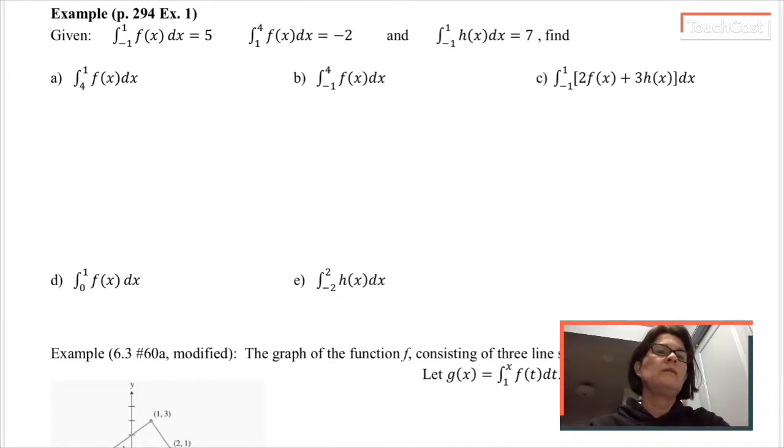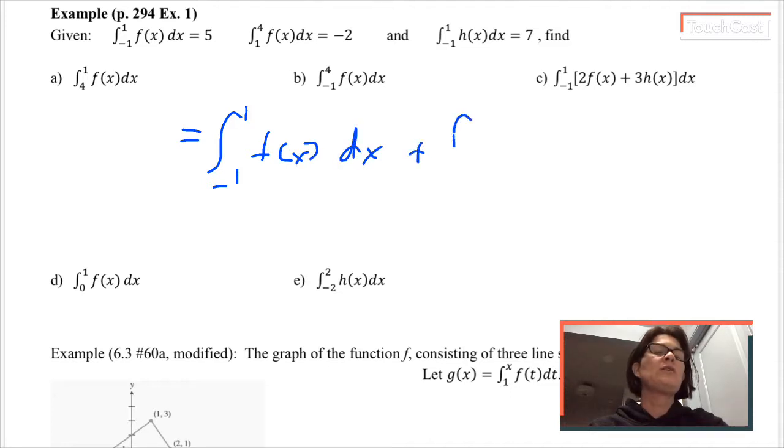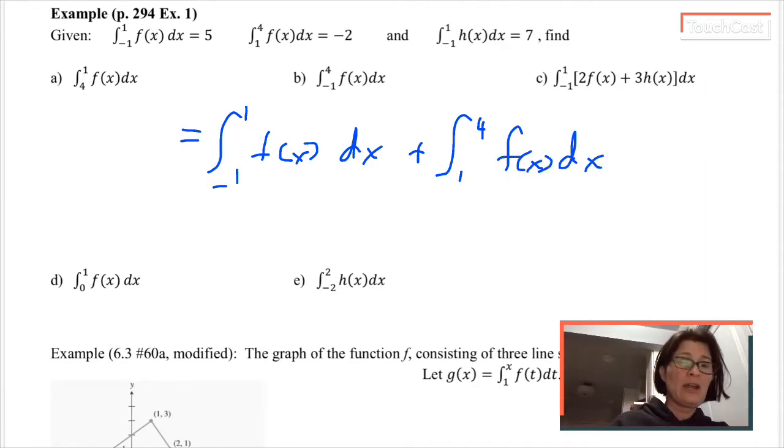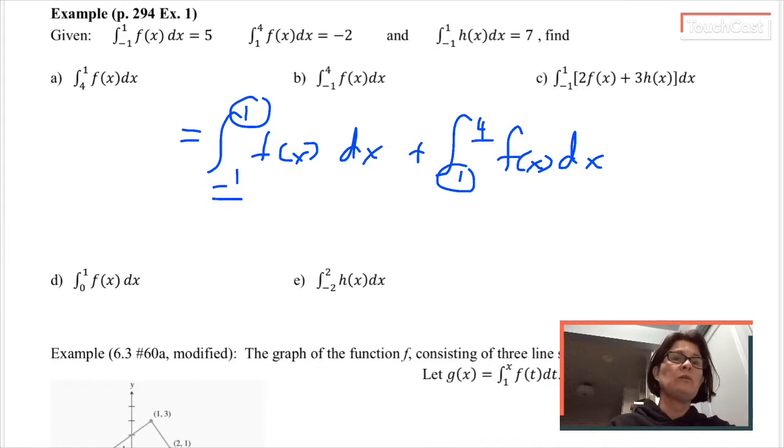This integral is equal to the integral from -1 to 1 of f of x dx plus the integral from 1 to 4 of f of x dx. And I double check. That top limit and that bottom limit are the same, so I could write this as one integral from -1 to 4, which is what I'm trying to do.